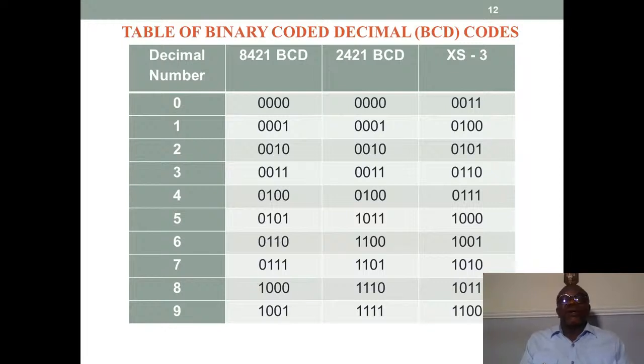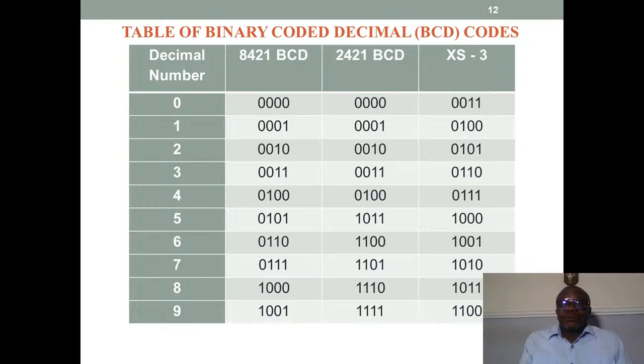You see the 8421 BCD code, which is the binary equivalent of the decimal number. Now, the next is the 2421 code. So if you look at that, you see that the code changes. Then on the right, you see the XS3 code, which is adding 0011 to each of the 8421 BCD code. That gives you that.